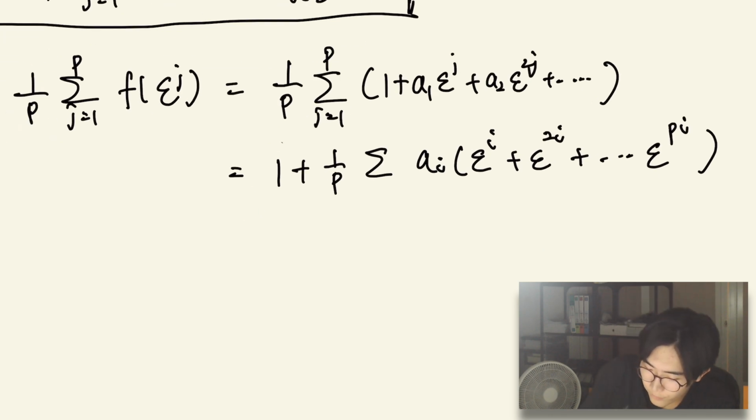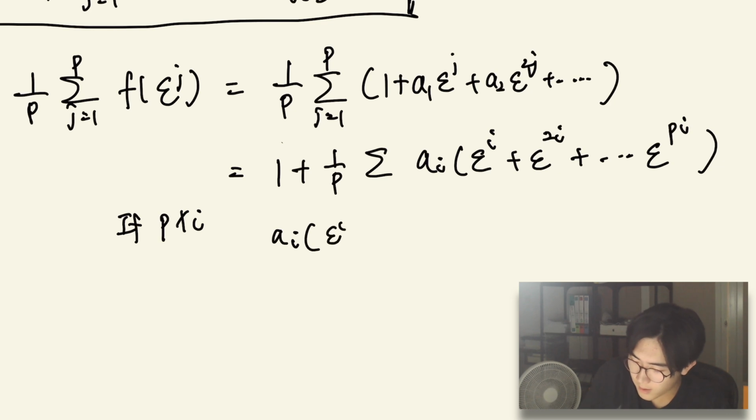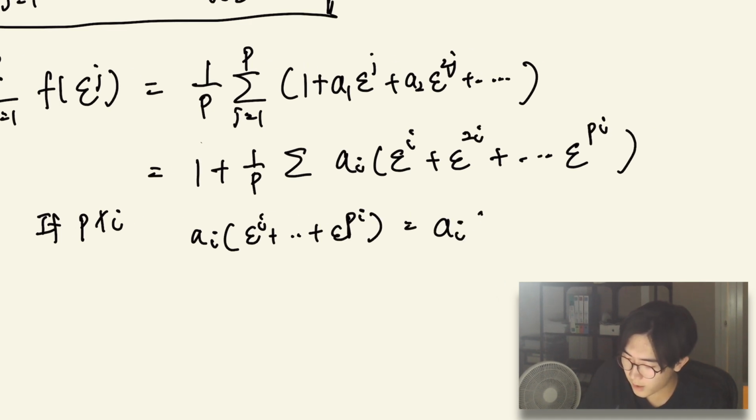So if p does not divide i, we can evaluate the sum of the sigmas, which will be a_i times (sigma^(p+1)i minus sigma^i) divided by (sigma^i minus 1).